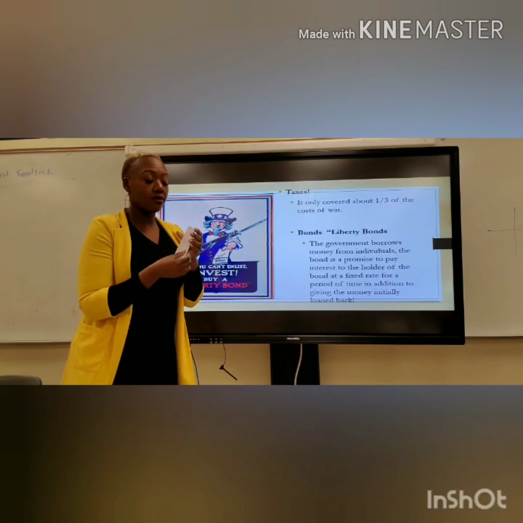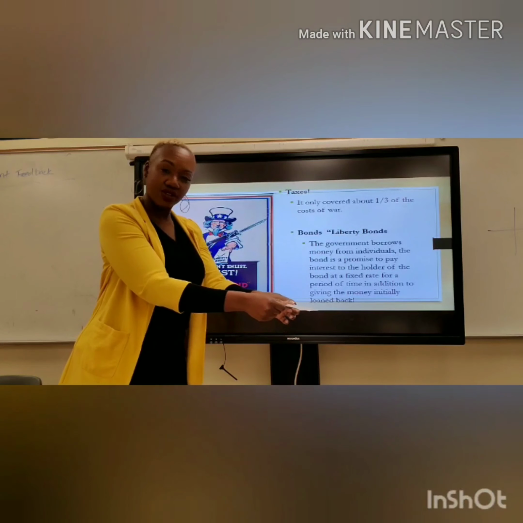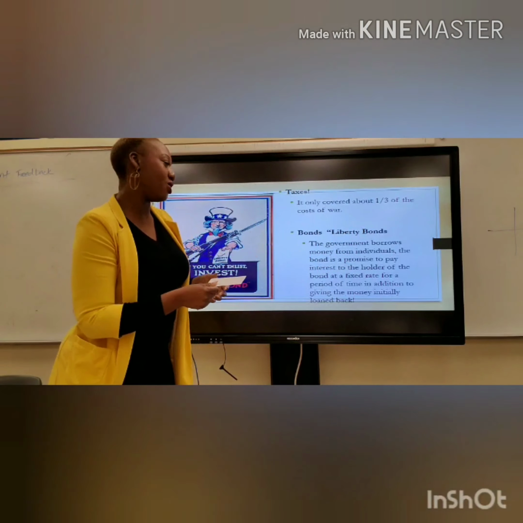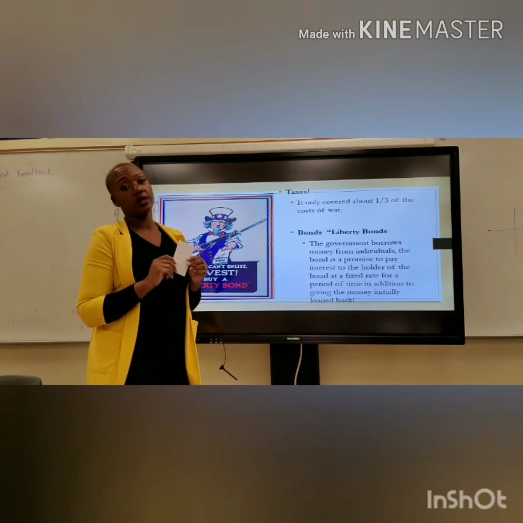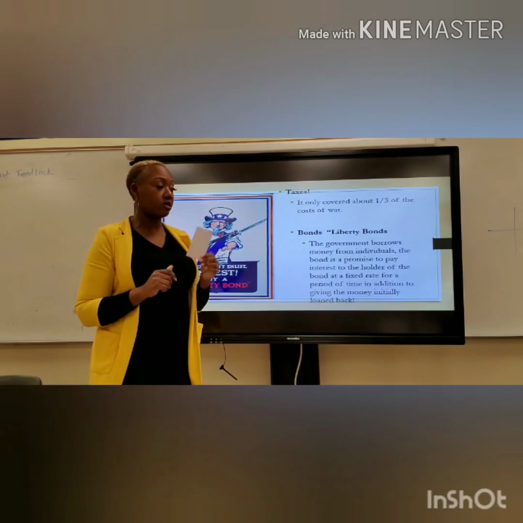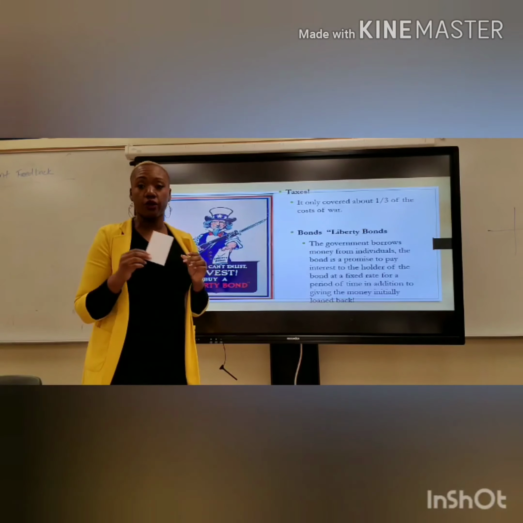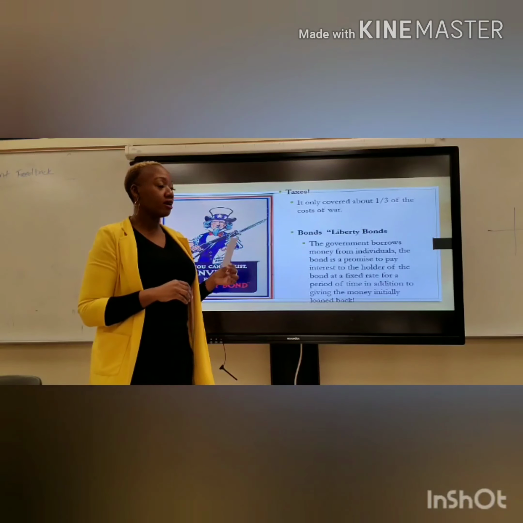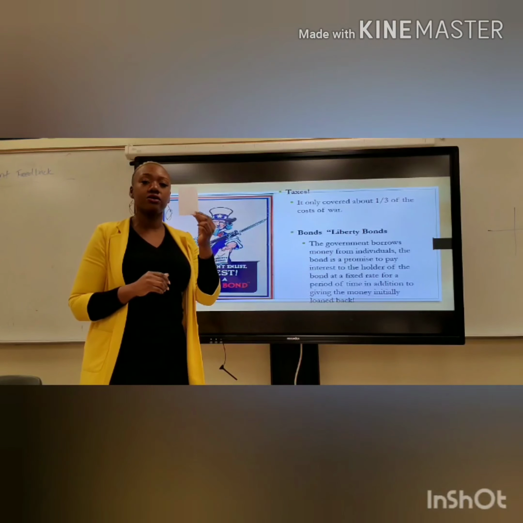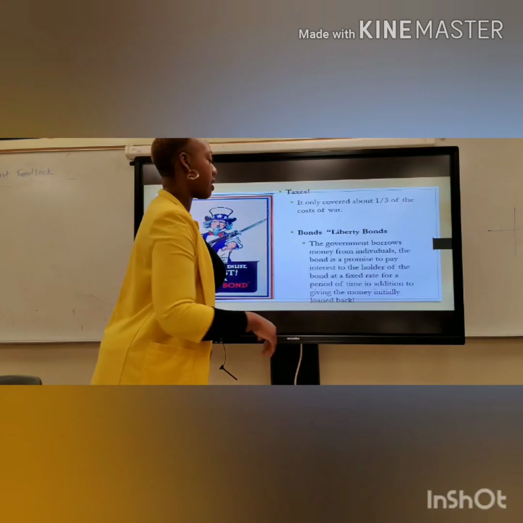When that time is up, you go to the government, you hand them your certificate, and they give you back your money. That is how we pay for the war. Not only will we use this method to pay for this war, but we will also use this method to pay for World War II. In fact, today in 2020, the United States government still sells bonds. They still want to borrow money. Check it out.